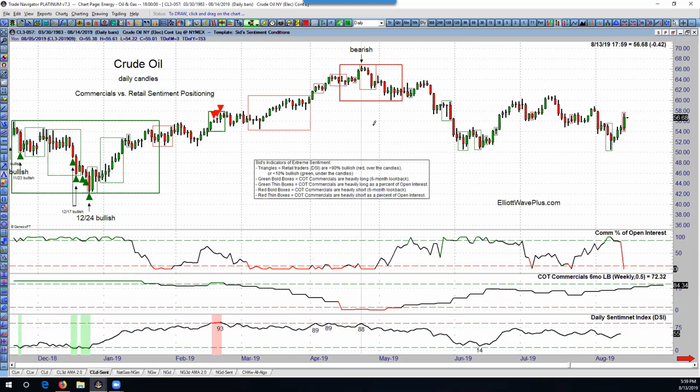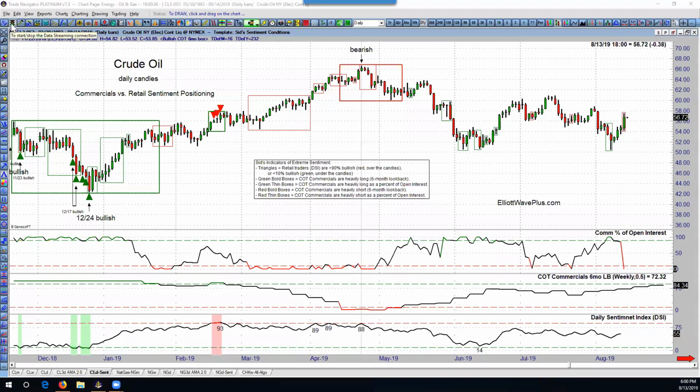Like right now, I will guarantee you that the commercials percent of open interest is not going to look like that in tonight's screenshot edition, because the updating from Trade Navigator doesn't get to us until about this time every night, and we have to wait for the daily close of some of the sentiment data, including the DSI, in order for these indicators to look correct.